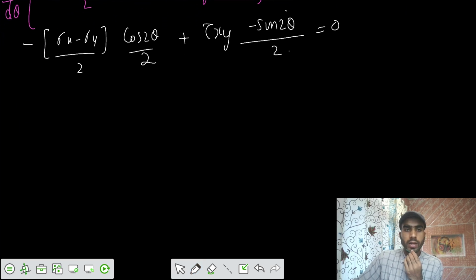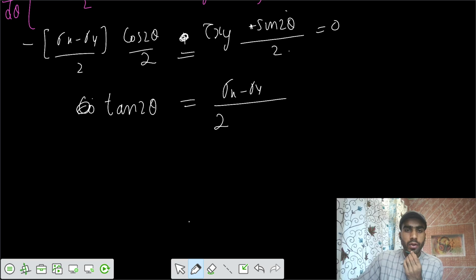So let's keep it in this fashion, so it has become positive. So we can write that tan 2 theta equals sigma x minus sigma y by 2, divided by tau xy, and you have a negative sign outside also.